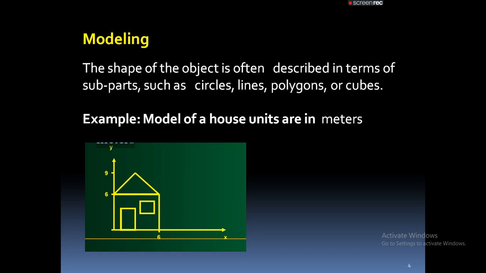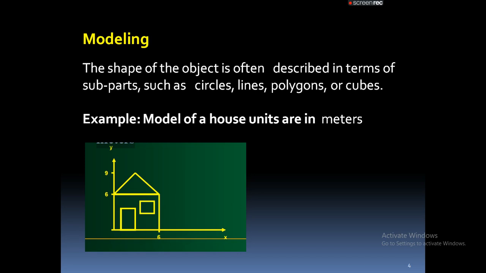You need to provide the mathematical description for the door and the mathematical description for the windows. Mathematical description is nothing but we need to provide its vertices. If you provide the vertices of that particular geometrical primitive, you are providing the mathematical description of that object.